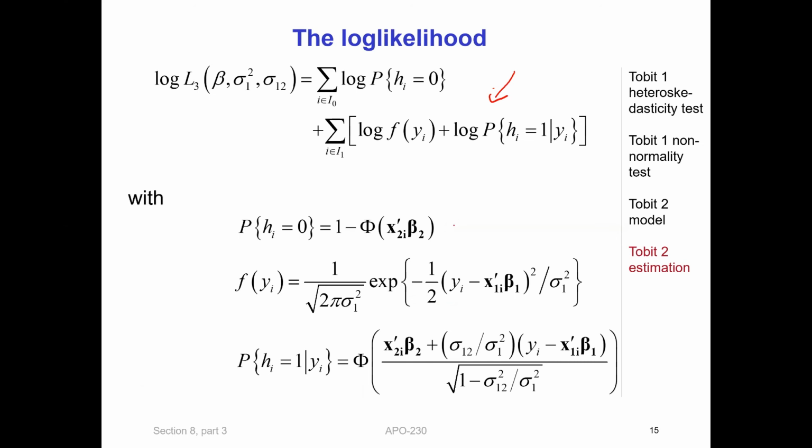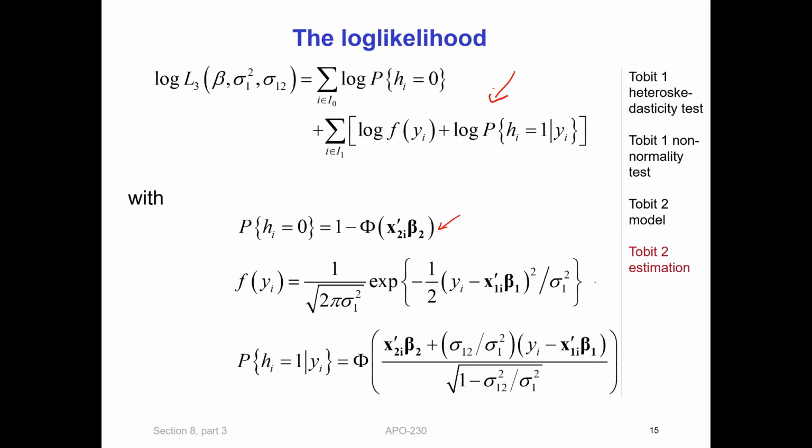And the rest just substitute back what we have seen earlier, with the probability of observing hi equals 0 being 1 minus the standard normal cumulative probability at the point x2i prime times beta 2, right? This should be clear now.